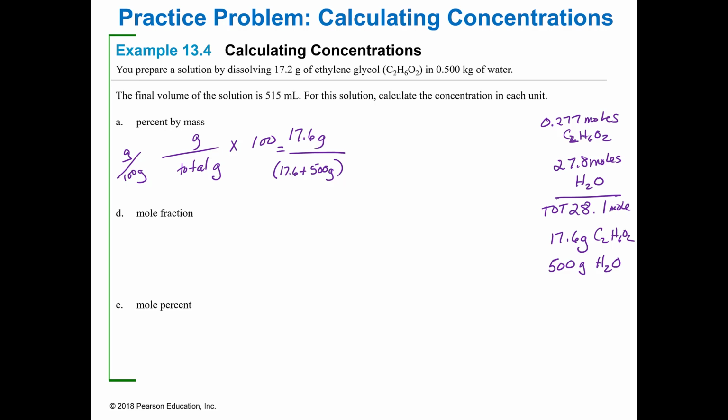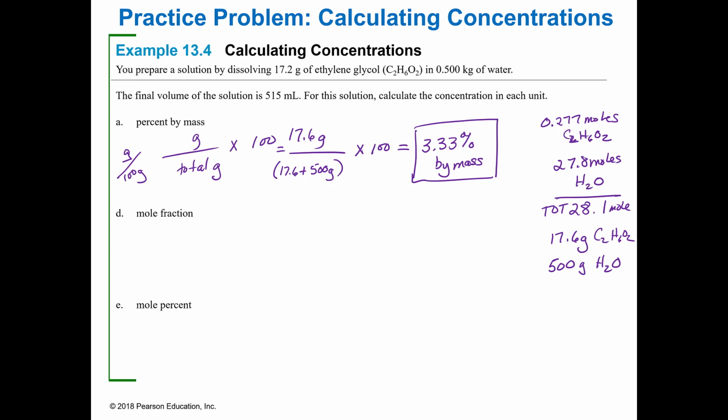So I'm just leaving it in grams because it needs to be grams divided by grams. So when I do it that way, I'm going to multiply that by 100, and that's going to give me 3.33% by mass, because both of those are in mass. You can do it different ways depending on how it needs to be calculated.